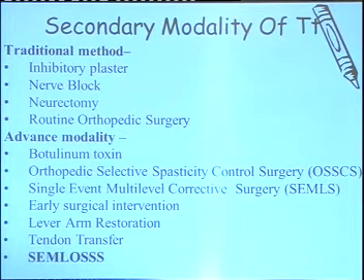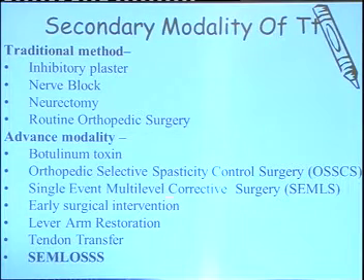The secondary modality of treatment is the traditional method: inhibitory plaster, nerve block, neurectomy. This is still useful, but not much. Now, this is useful at 2 to 6 years: botulinum toxin. Then you can have OSSCS, orthopedic selective spasticity control surgery, developed by the Japanese.